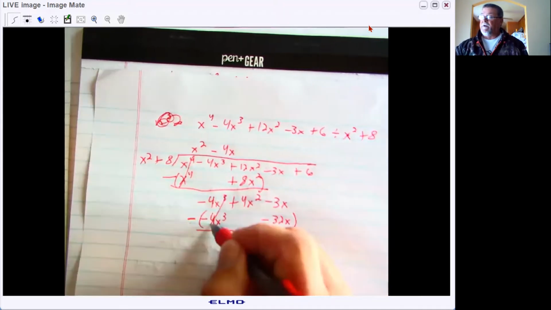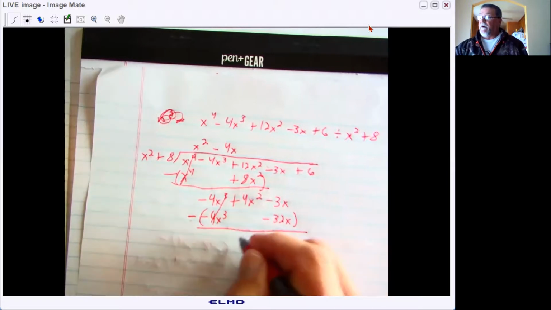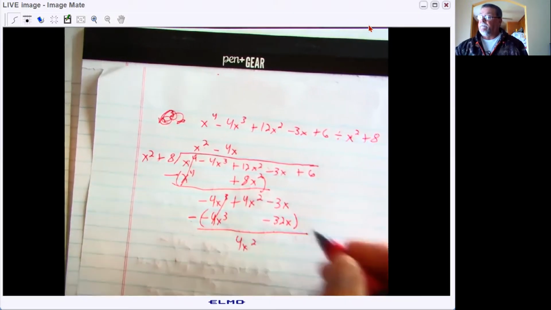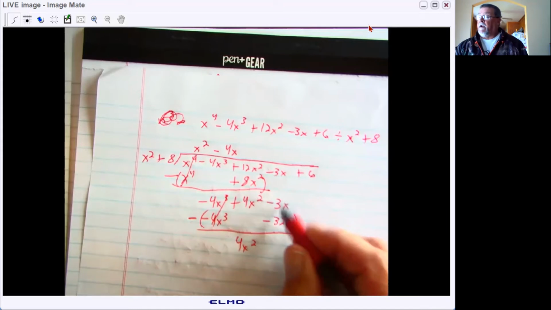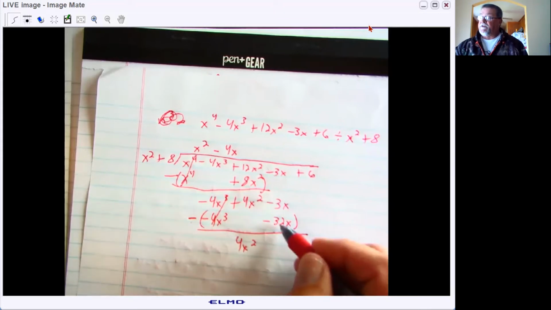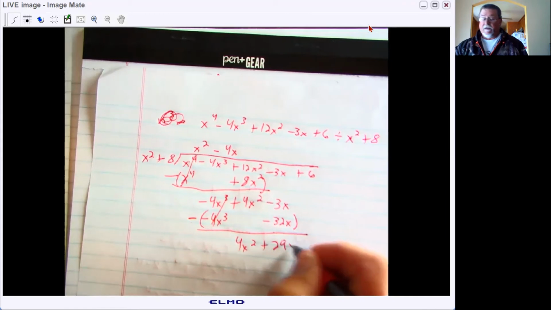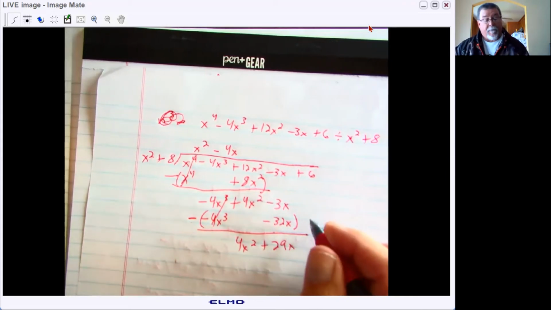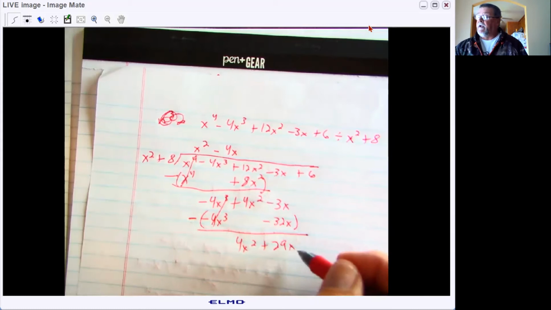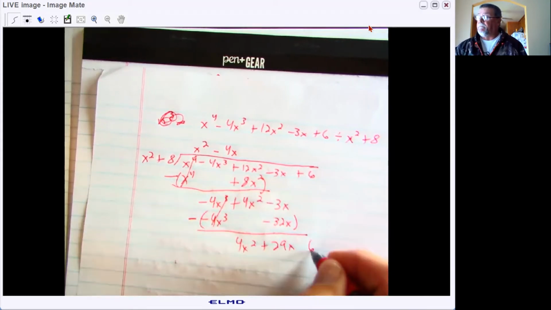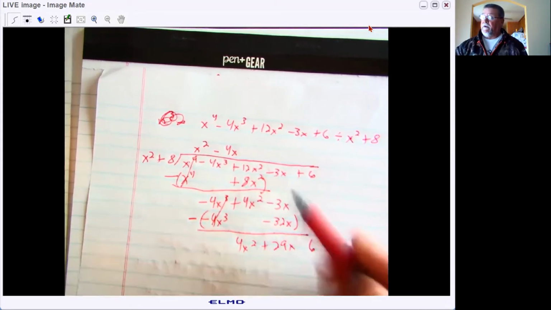Those are eliminated because they add up to 0. I bring down my 4x squared, and negative 3x plus 32x will give me 29x. Okay? Gives me plus 29x, and I bring down my last term.